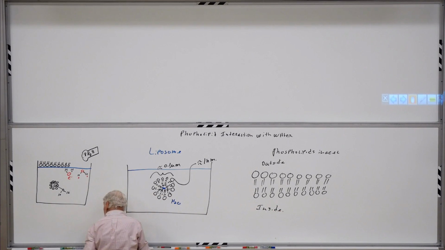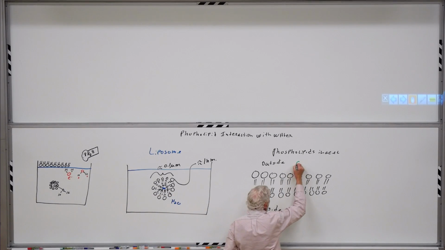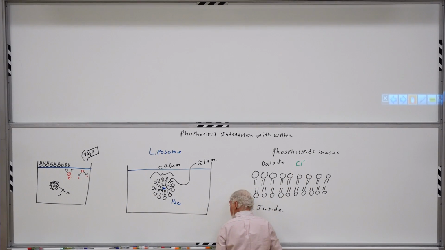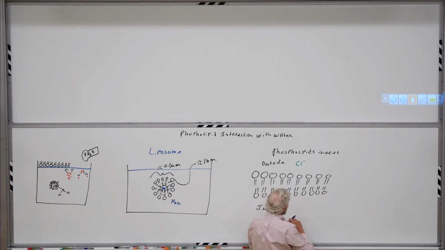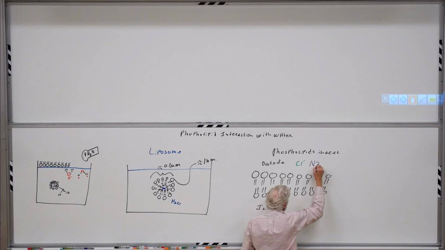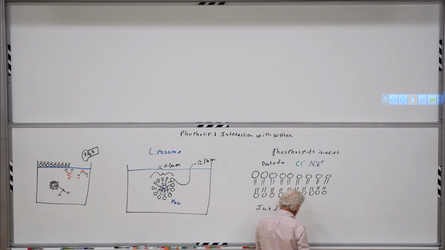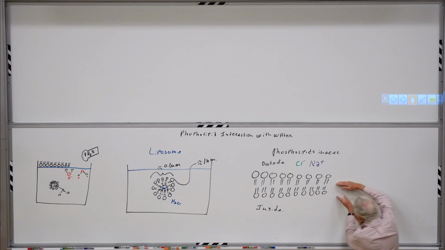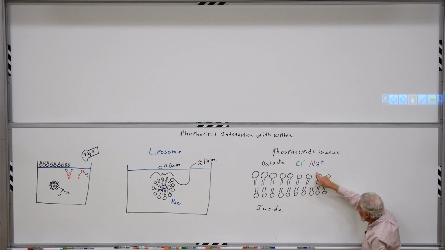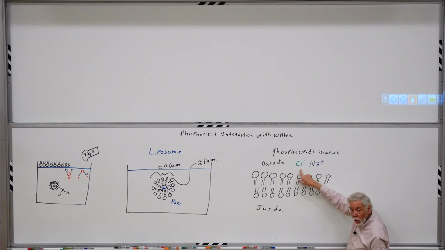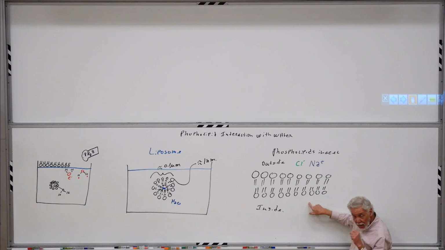I think you can see that if we were simply to put chloride ions out here, along with their counter ions, the sodium ions, the hydrophobic region of this phospholipid bilayer is so hydrophobic that these highly charged chloride ions and sodium ions are not easily going to move from the outside to the inside.